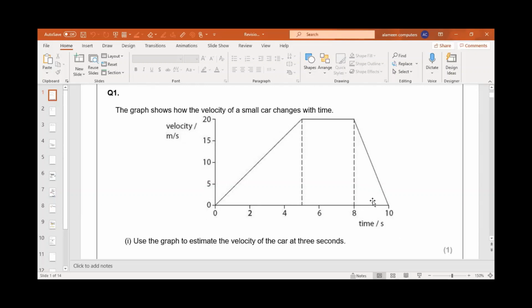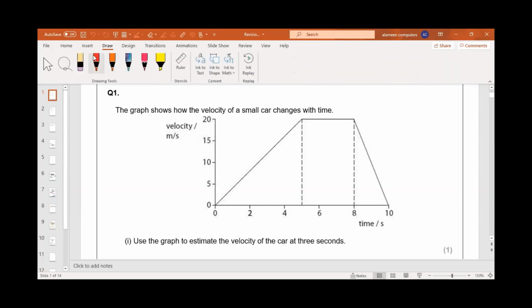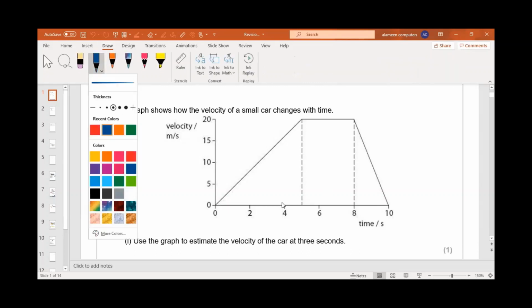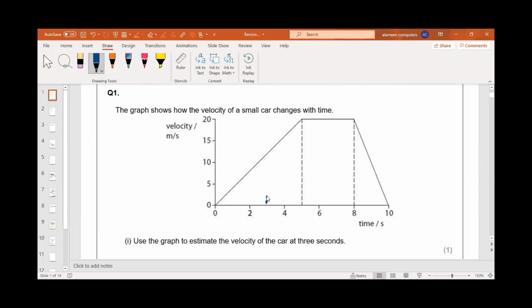Use the graph to estimate the velocity of the car at 3 seconds. So how can we do this? We're supposed to estimate the velocity of the car at 3 seconds, right? So where is 3 seconds? 3 is here.